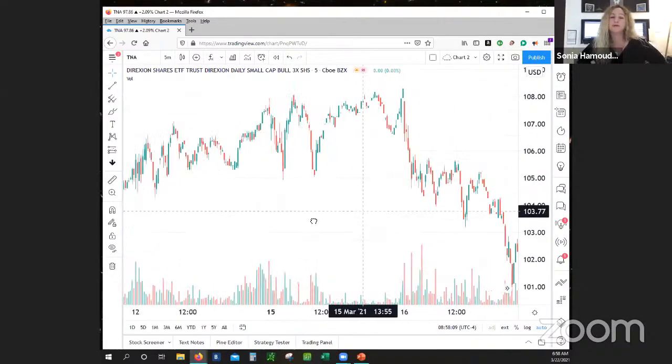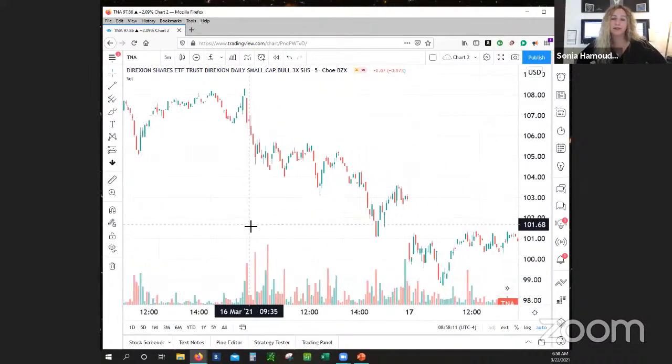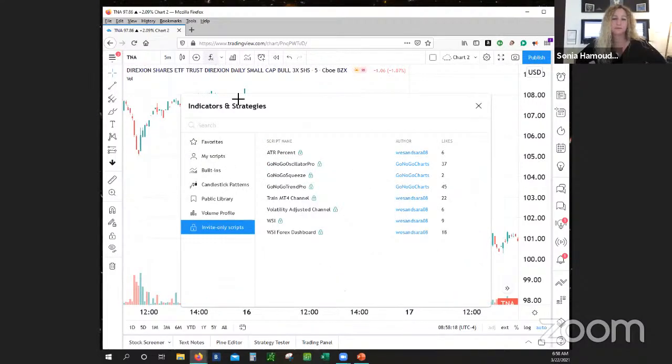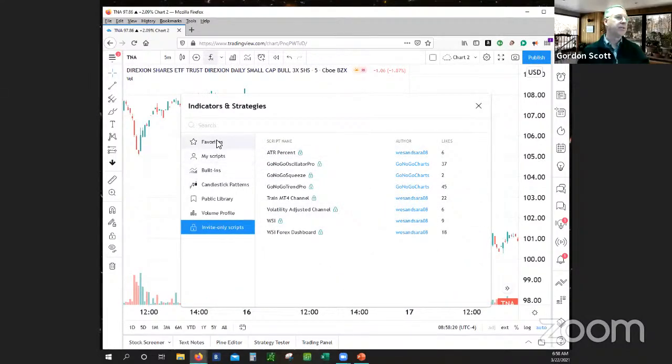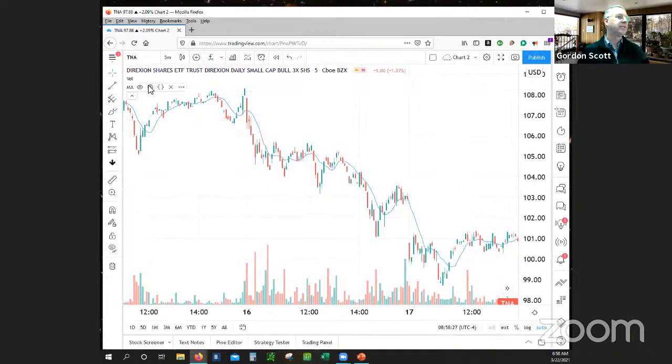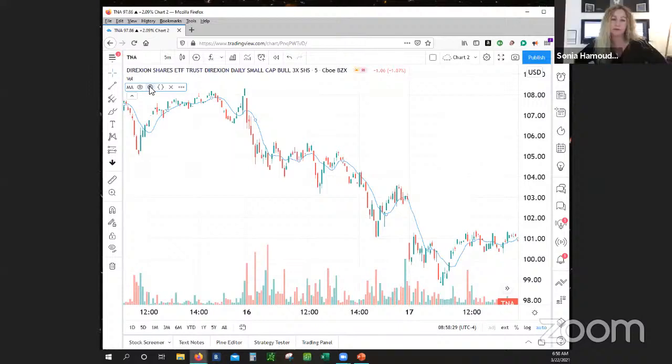So I use the 20 MA moving average on my chart for that. Whoops, wrong one. There we go. Moving average. And we'll get that into a 20. All right, what else? I have the MACD also at the bottom.